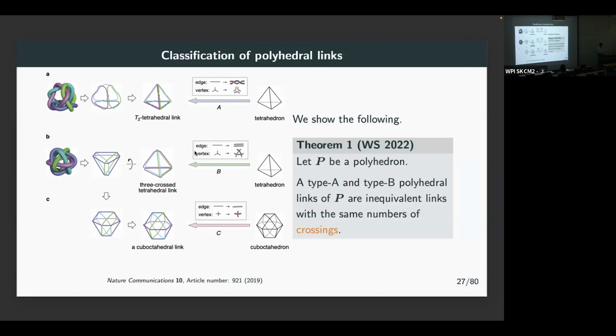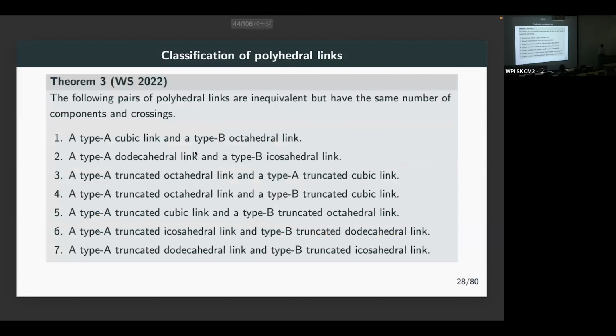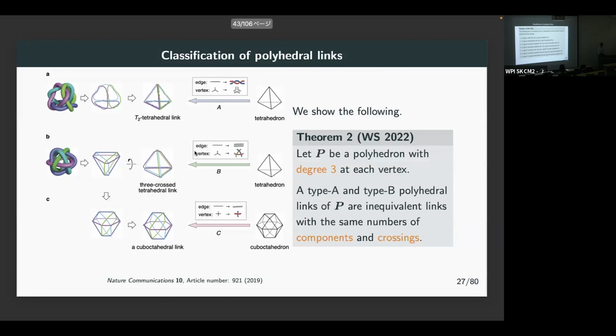So this will give you the answer of the first question. These two links are different. And if you prepare a polyhedron with degree C, then we will have two different links with the same number of components and the same number of crossings. So this is the answer for the first question.